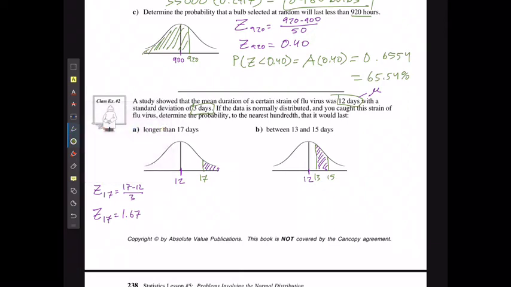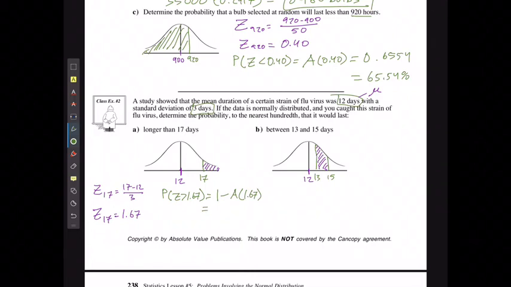If I'm solving for the area above that z-score, then the probability that the z-score is greater than 1.67 is going to equal the total area, which would be 1, minus the area to the left of 1.67.